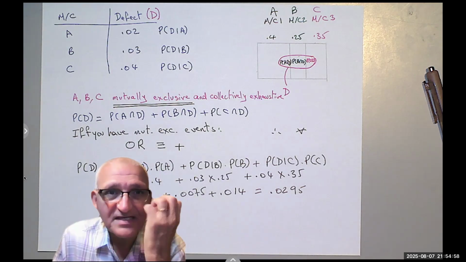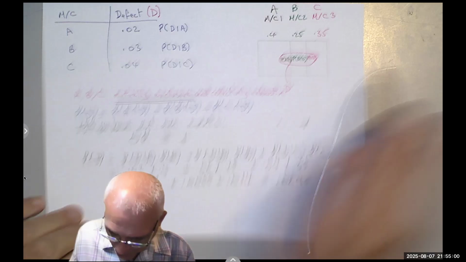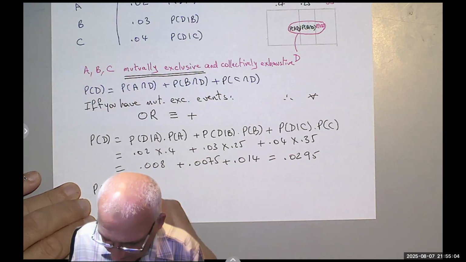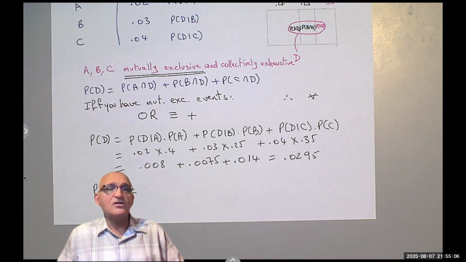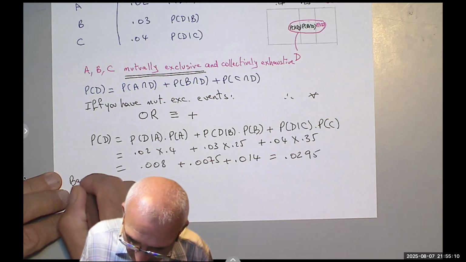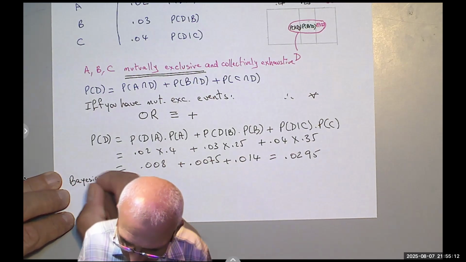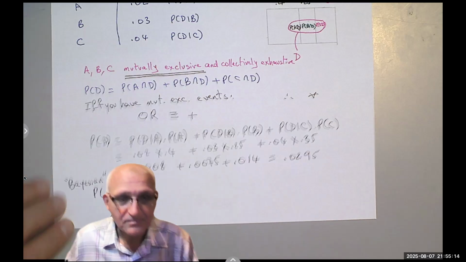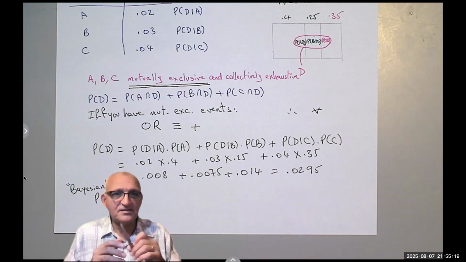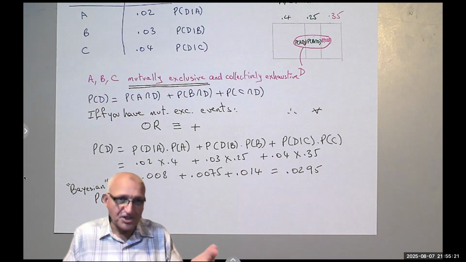That's the given. That's the condition. So you want to find the probability of A given D. This is, by the way, called the subjective probability or the Bayesian probability. In other words, you need to know Bayesian probability or subjective probability.